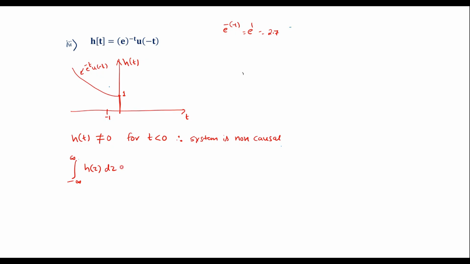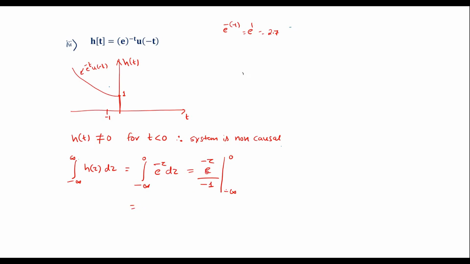If it is less than infinity, we can say that the system is stable. So here it varies from minus infinity to 0. H of tau is e power minus tau d tau. So integrating this, we'll get e power minus tau by minus 1, that is minus infinity to 0.